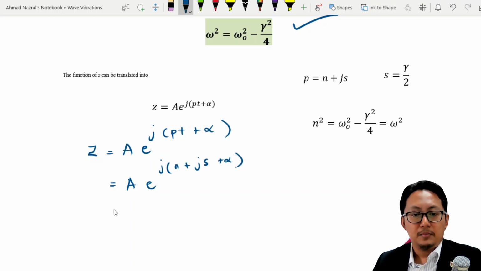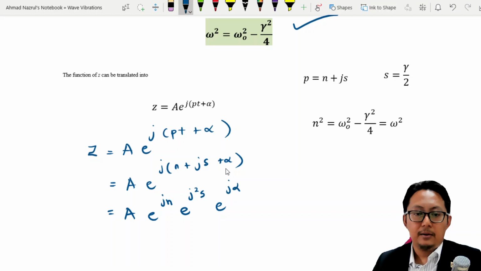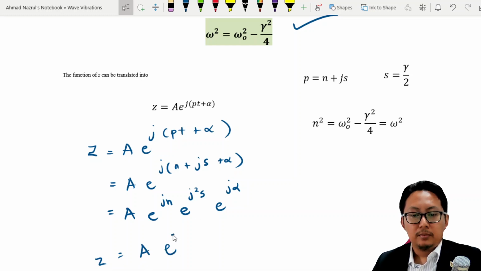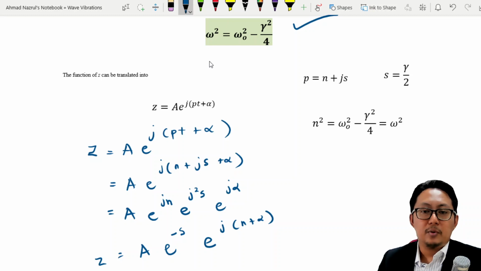Split this: A exponential jn, exponential j square s, exponential j alpha. j square s means minus, okay, so we have z equal to A exponential minus s, exponential j(nt plus alpha). And we know several formulas from here.